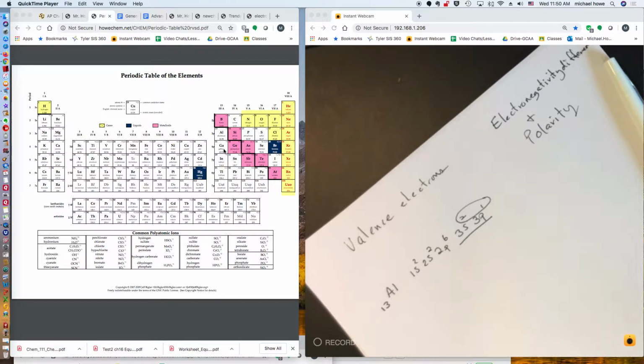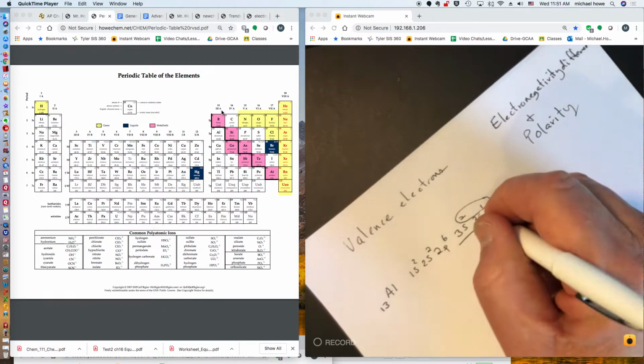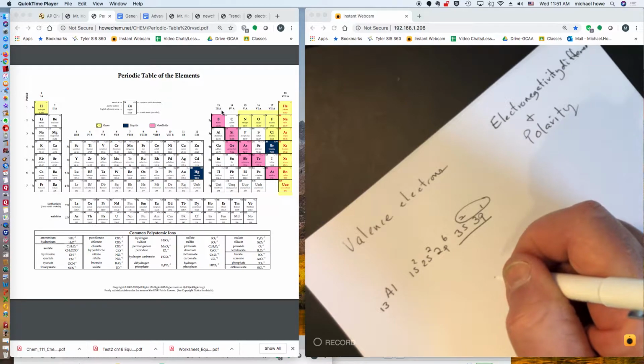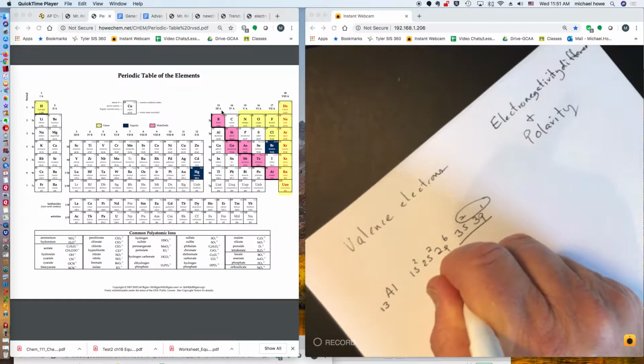Notice that aluminum is in the Roman numeral 3 column, the third tall column, and so you'll notice that it has 3 electrons in its outer shell. So the number of valence electrons for aluminum would equal 3.